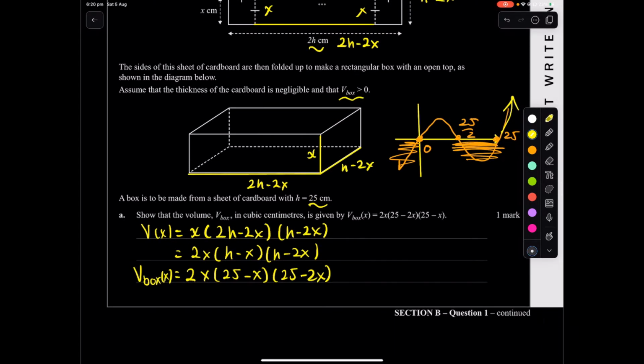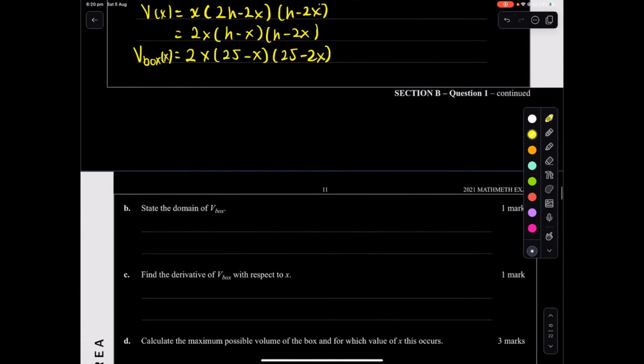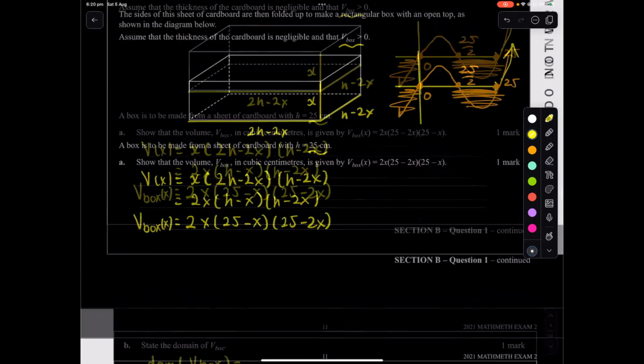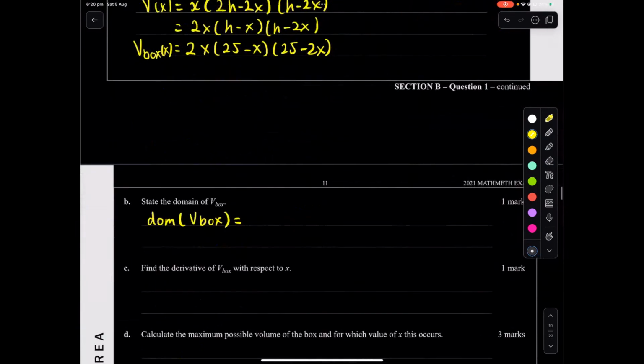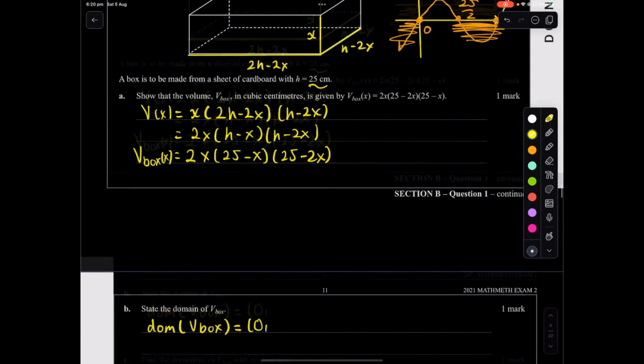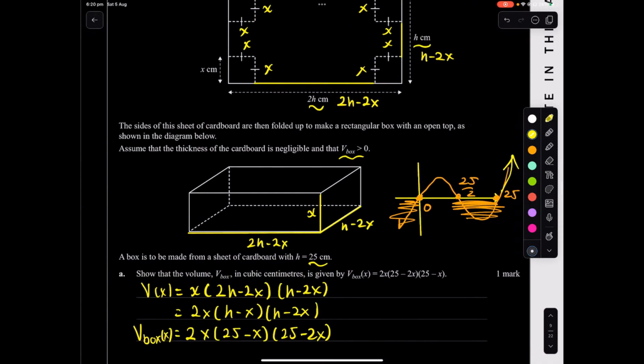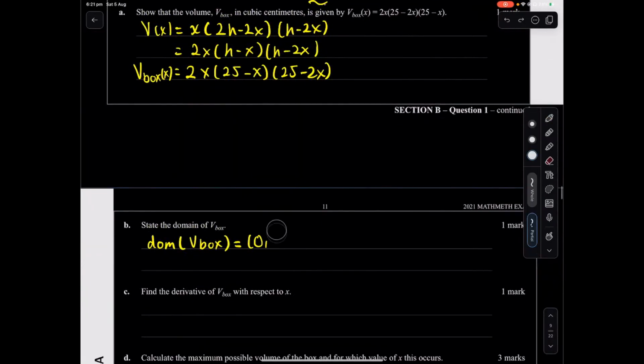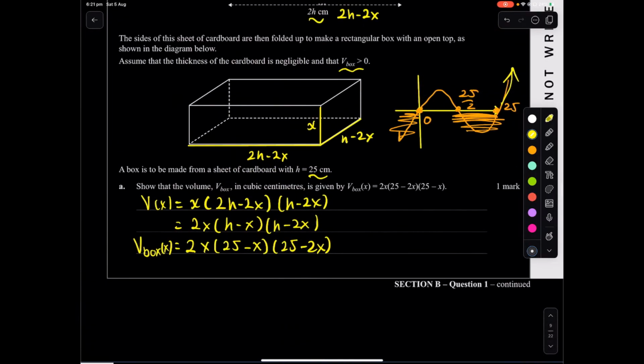So your domain should be, dom of V box is equal to 0 not included, because remember, the volume is greater than 0, and also 25 over 2 not included. Is that right? Looks right.